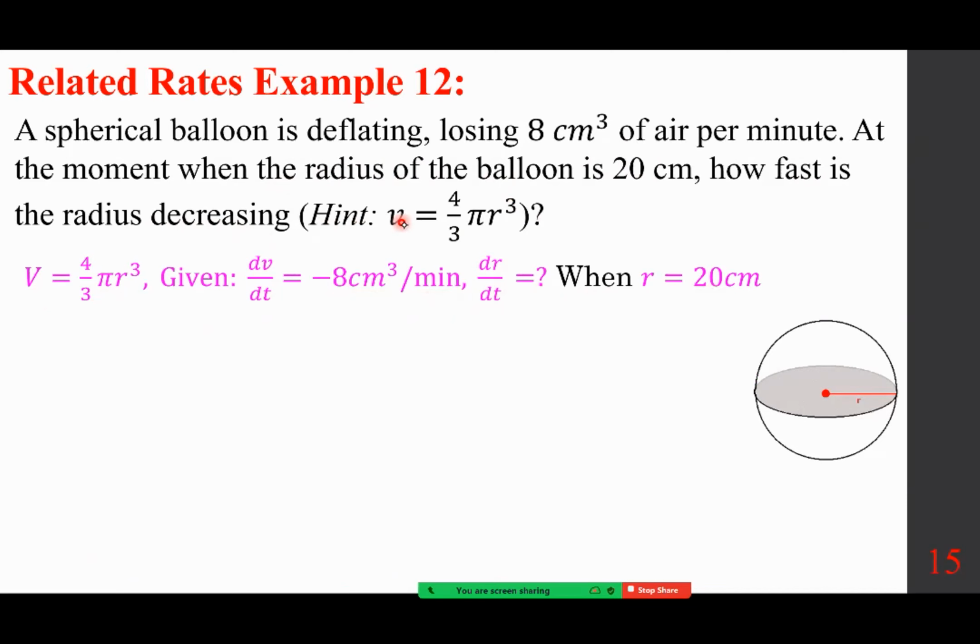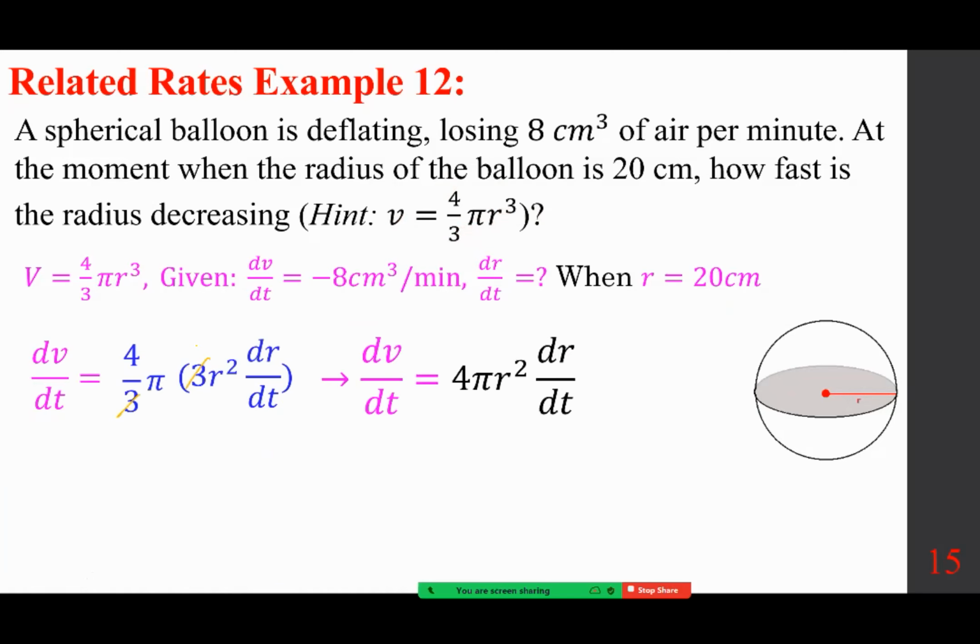Let's find dV/dt. 4/3 pi is a number, so 4/3 pi times, now r cubed, we're going to differentiate that into 3r squared dr/dt. So we have 4 pi r squared dr/dt.